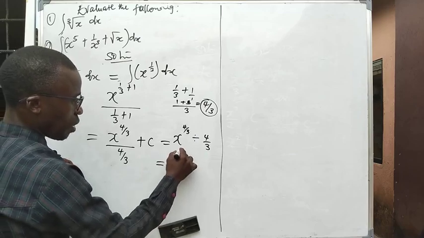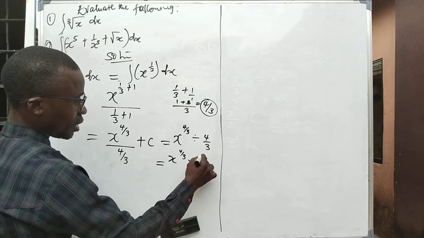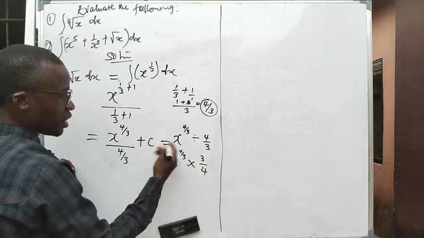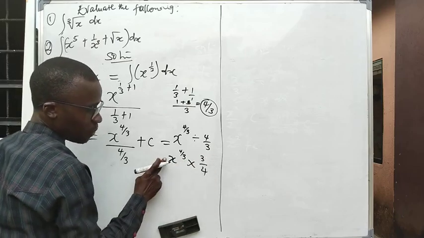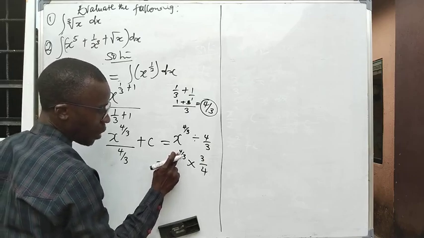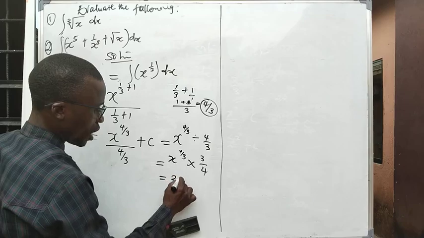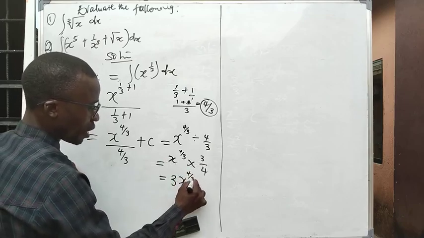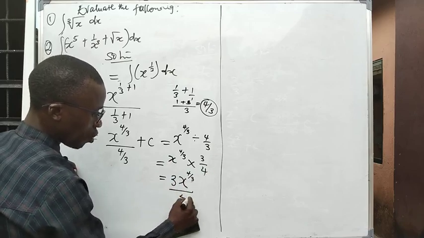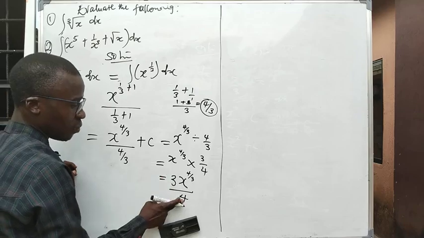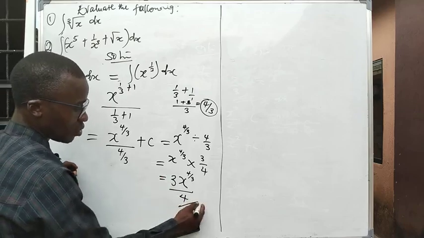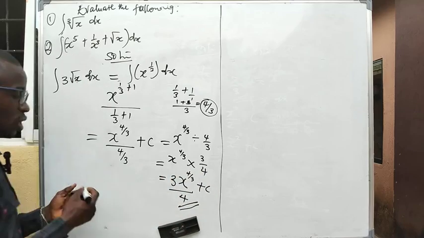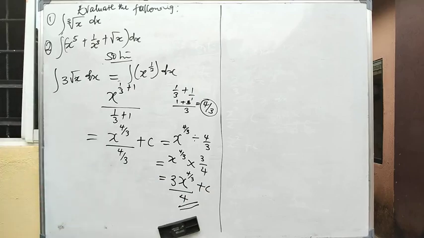It is x raised to power 4 over 3 times 3 over 4. We invert it. Remember, this 3 is to multiply x and not to multiply the power. So it will give us 3 times x, which is 3x raised to power 4 over 3, then all over 4. Since 3 cannot be divided by 4, they cannot divide themselves. You leave it this way. Add your plus c to show that it is integration.